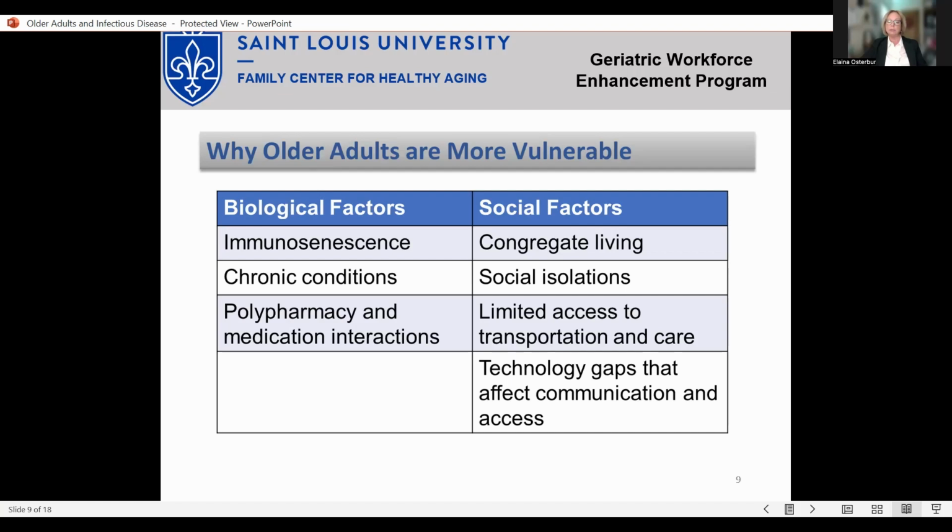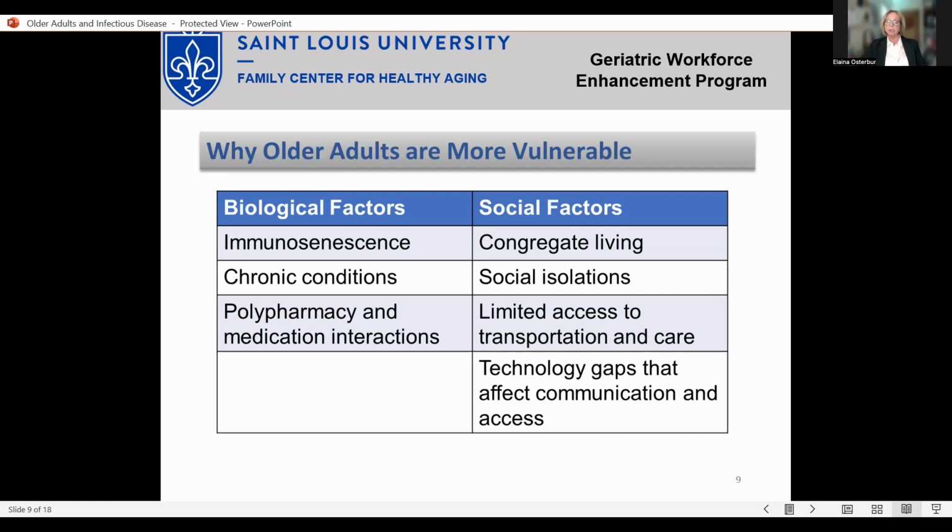Social factors can also contribute significantly to increased vulnerability among older adults. Living in congregate settings such as nursing homes elevates the risk of exposure to infectious diseases such as RSV, influenza, and COVID-19. When an outbreak occurs, residents are often placed in isolation to contain the spread, which can lead to unintended consequences such as social isolation.